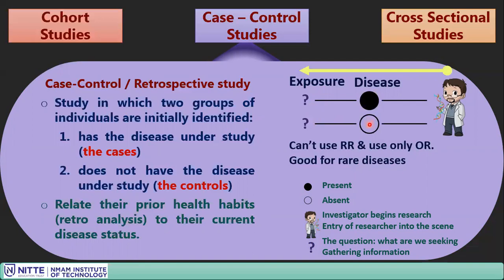Similarly for the controls, whether they are exposed or not. So the question is whether exposure has taken place. It is known that one group has the event and the other group does not. So it is with respect to reverse order of time, which is why it is called retrospective. There is use of both case and control, that's why the name case control. Both are equivalent names.